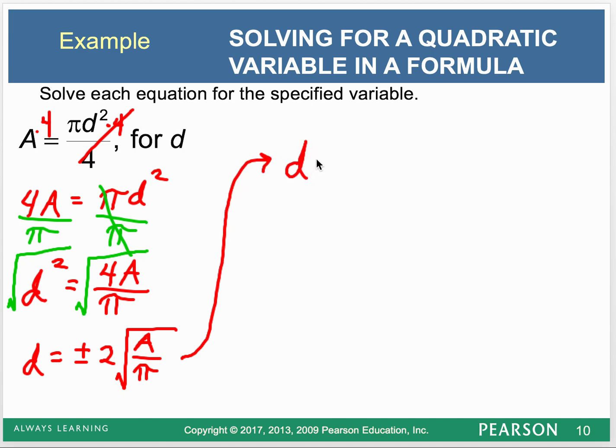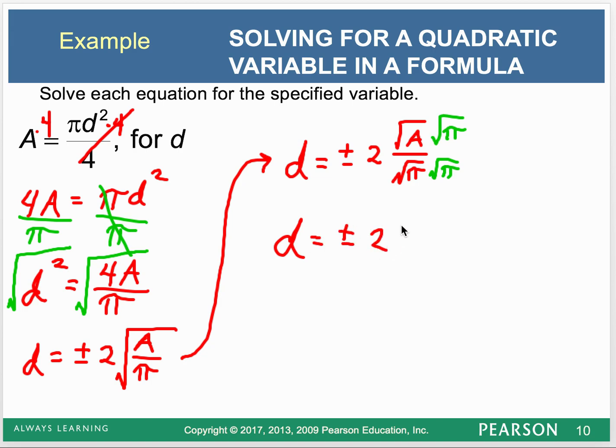I believe in this section of homework they're letting you do that, but all right, so I'm going to change that to square root of a over square root of pi. And then if I multiply by another square root of pi, as long as I do the same thing to the numerator and the denominator, it doesn't change the value of my fraction. It just lets me change what it looks like.